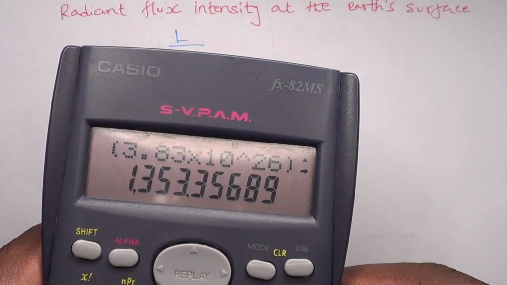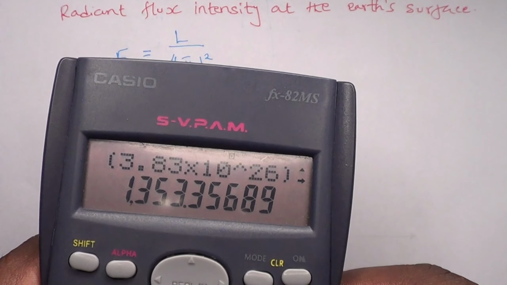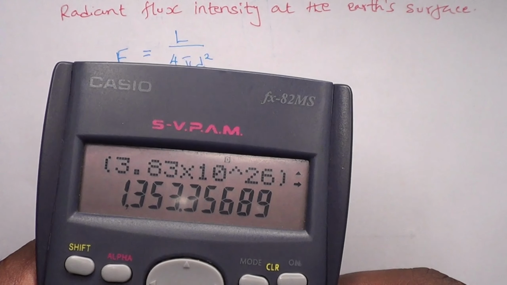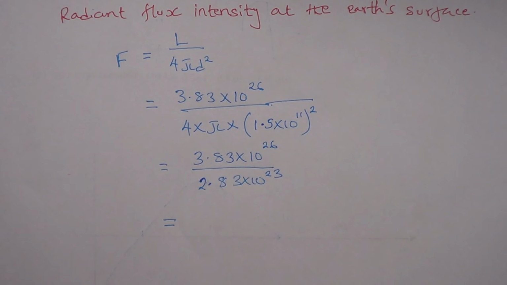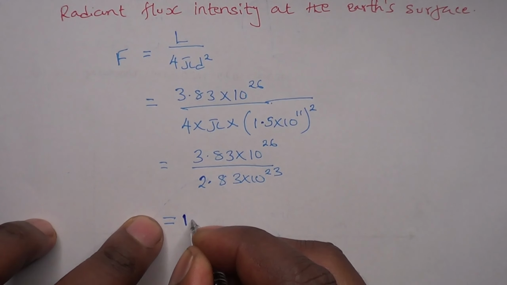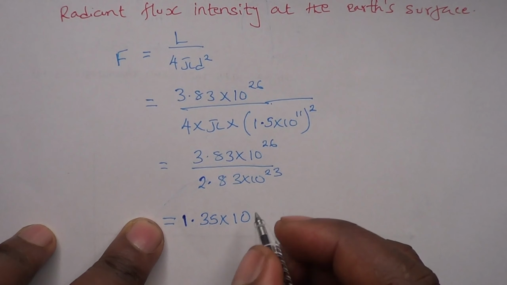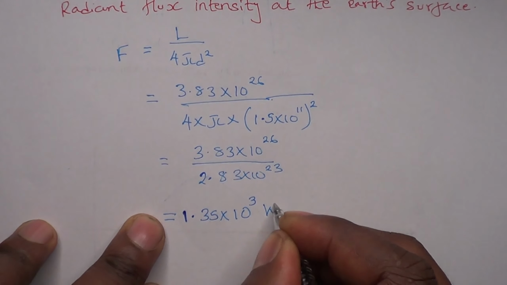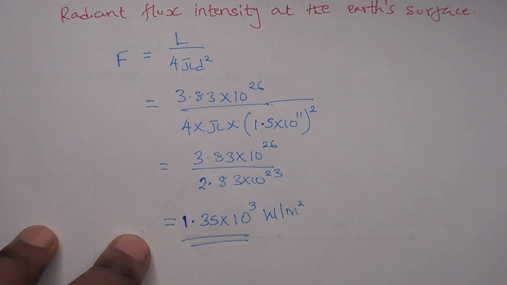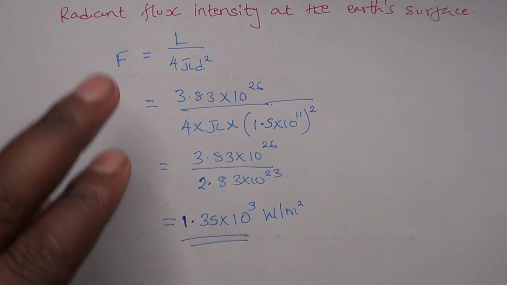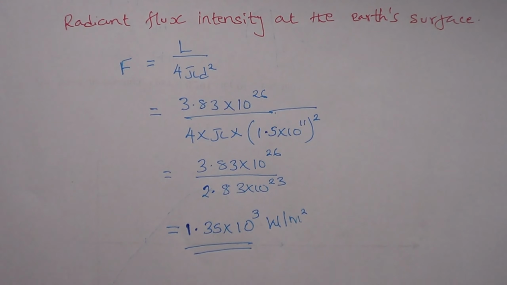Yeah, we get this 1353.35689. So the answer here it will be 1.35 times 10 power 3. Okay, that is the answer for the radiant flux intensity at the Earth's surface. This is the formula to calculate it. Don't forget to use that formula so that you can pass in your exams.